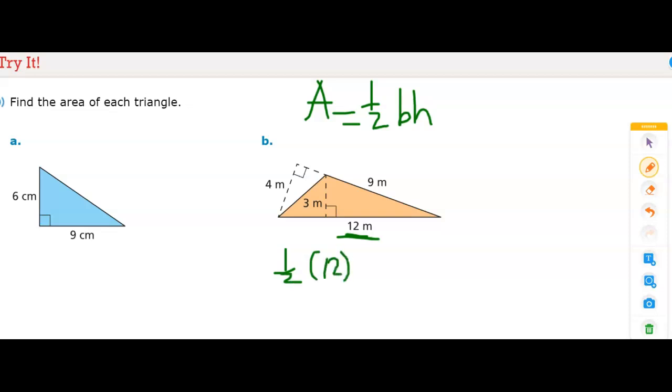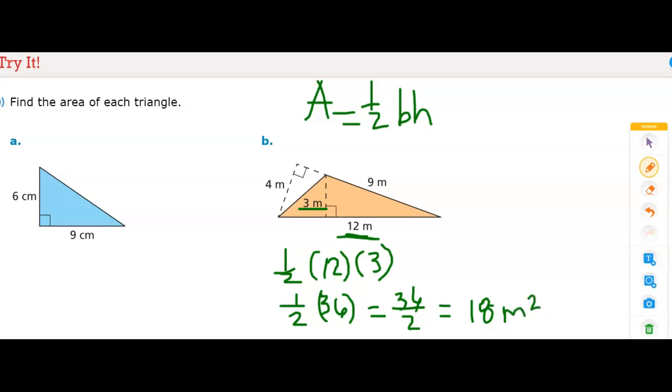Then we're going to take the 3 as our height. And then we multiply. So we have 1/2 times 12 times 3. We're going to multiply the 12 times 3, and that gives me 36. And then 1/2 of 36, and you can also write that as 36 divided by 2. That's the same meaning. That would equal 18. So the area of that triangle is 18 meters squared.